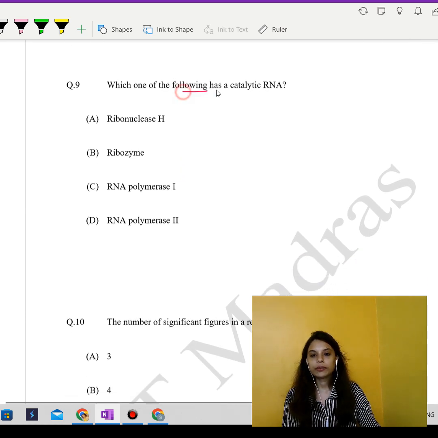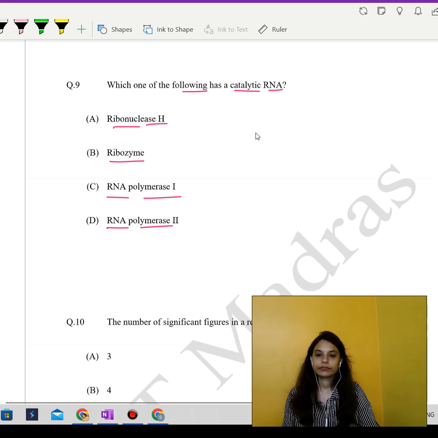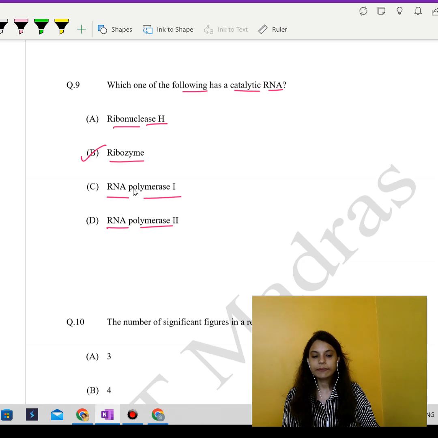Which one of the following has a catalytic RNA? Ribonuclease H, ribozyme, RNA polymerase 1, or RNA polymerase 2? Your correct answer would be ribozyme, that's B. Ribonuclease H is an enzyme, but not an RNA, and its function is to degrade specific regions of RNA, not to act as a catalyst.